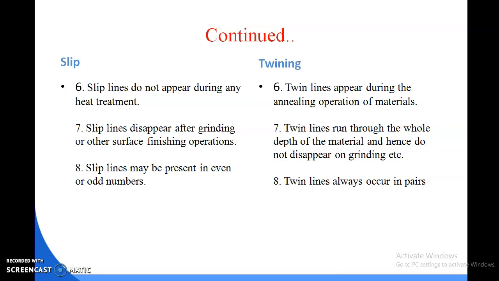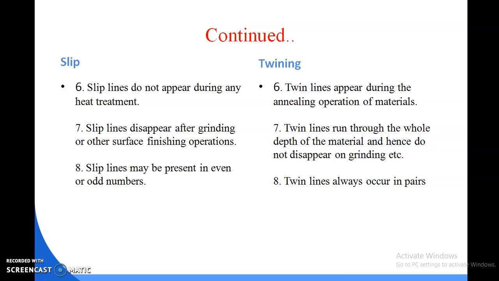But in the twinning defect, the twin lines run through the whole depth of the material and hence do not disappear on grinding. Our last point is that slip lines may be present in even or odd numbers, whereas in the twinning defect the twin lines always occur in pairs. So this is all about the difference between slip and twinning.